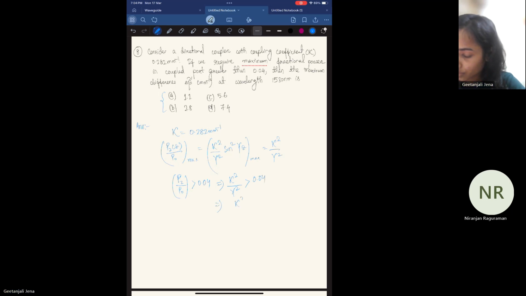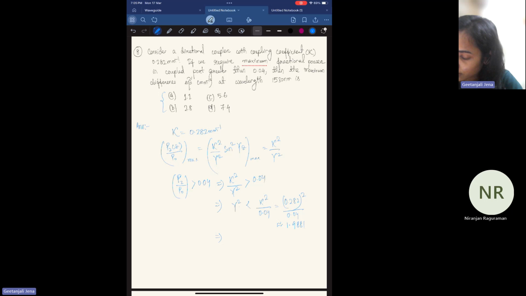So let us rearrange. Gamma square is less than kappa square over 0.04. Kappa is already given, so you can put in 0.282 per millimeter, divided by 0.04. So this will come around 1.9881.